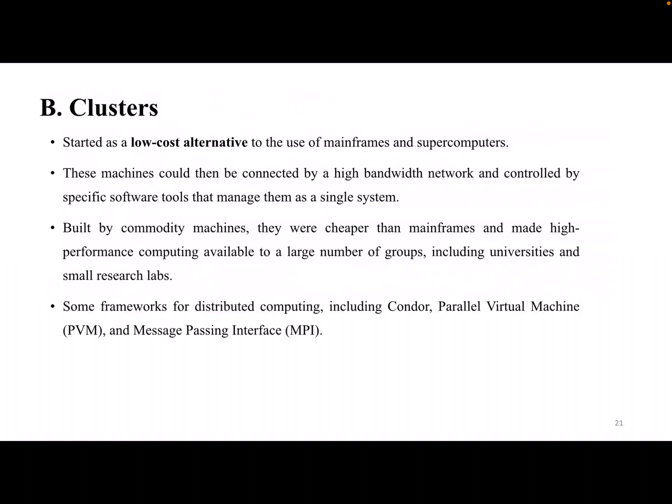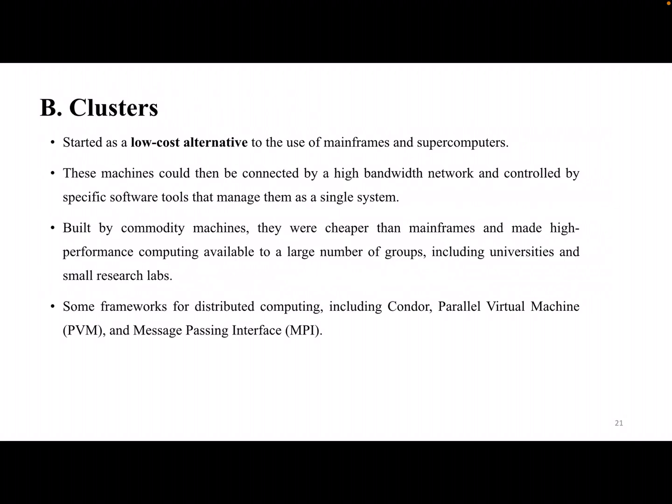When it comes to cluster computing, it started as a low cost alternative to the mainframes and supercomputers. These machines could be connected by a high bandwidth network and controlled by specific software tools that manage them as a single system.